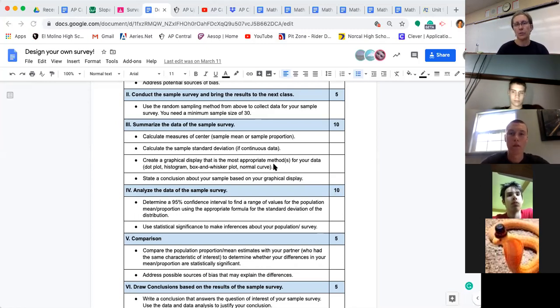So it's some sort of graphical display that's a nice visual to show the results of your survey. And then this last piece here in part 3, stating a conclusion about your sample based on your graphical display, is just saying something along the lines like, 62% of people preferred pepperoni over cheese pizza, that kind of thing.